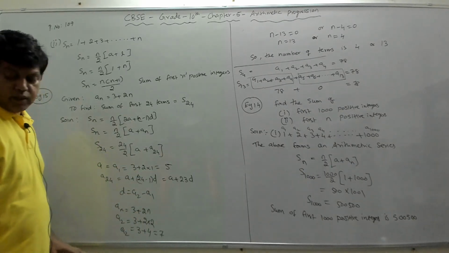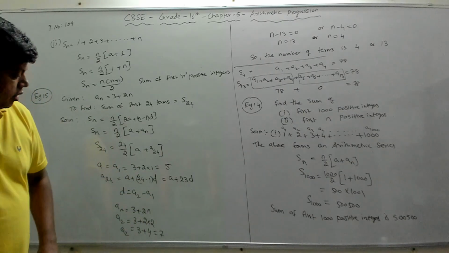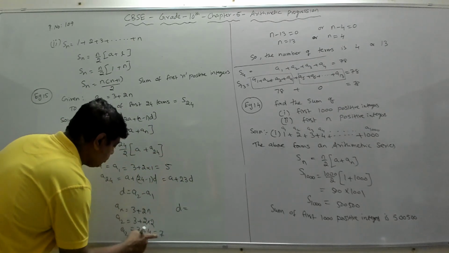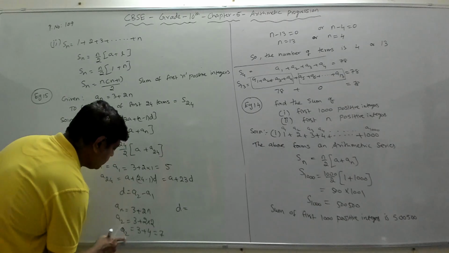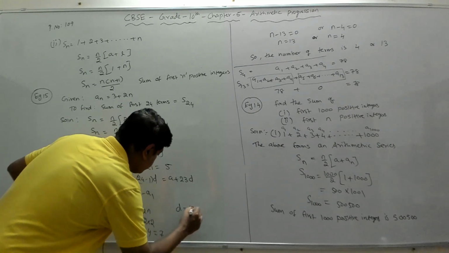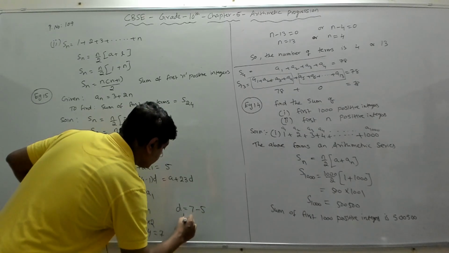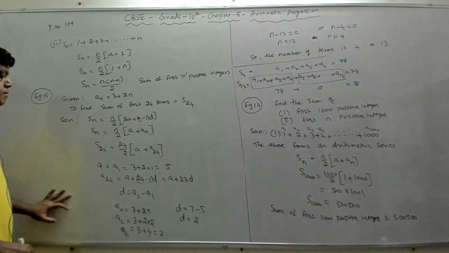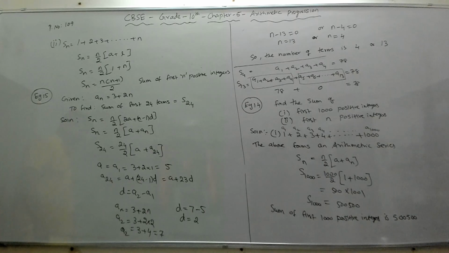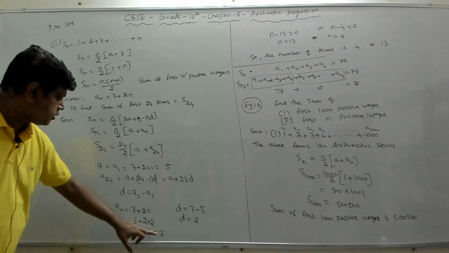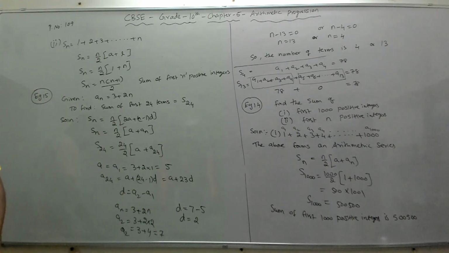So our d becomes A2 minus A1. A2 is 7 minus A1, A1 is 5. So your d becomes 2. Your d is the common difference. So we got d. Now we'll substitute here to find A24.